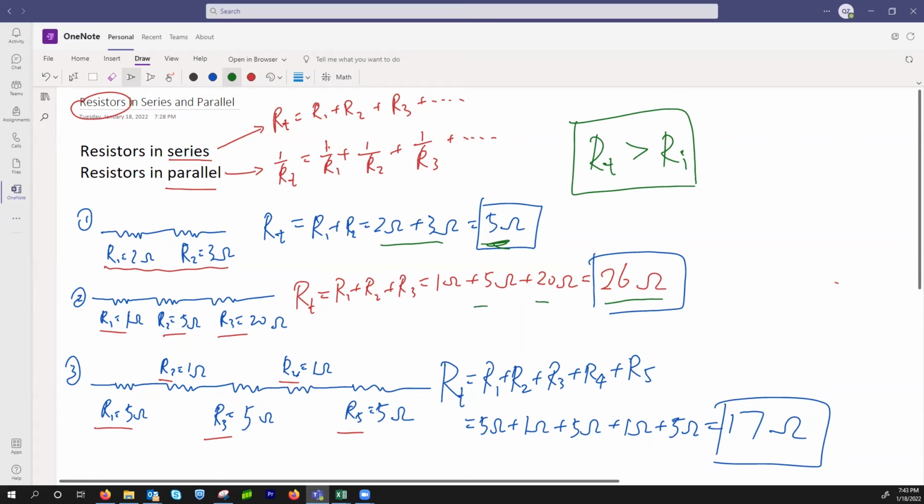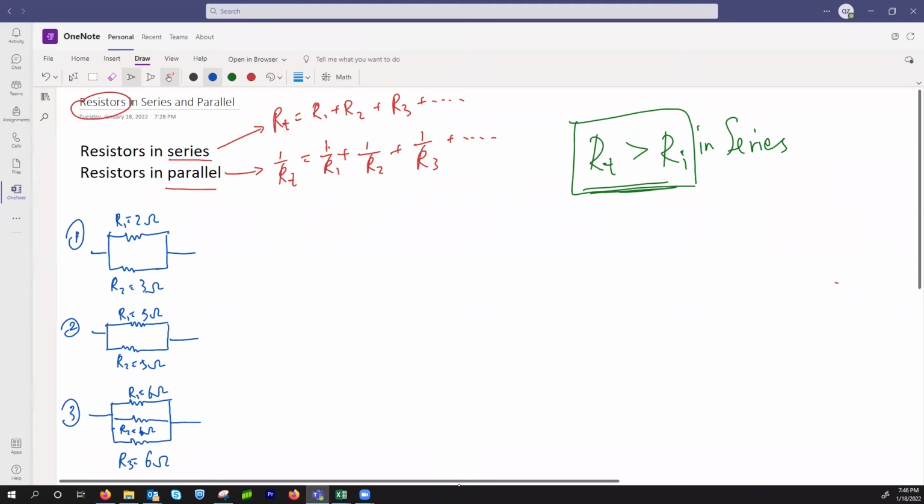It is larger than any of the individual resistor. And the very last example, 17 ohm total, it is bigger than each individual resistor. So the conclusion is when resistors, they are connected in series, the R total will be always greater than any of the individual resistors. Now let's take a look at resistors in parallel.